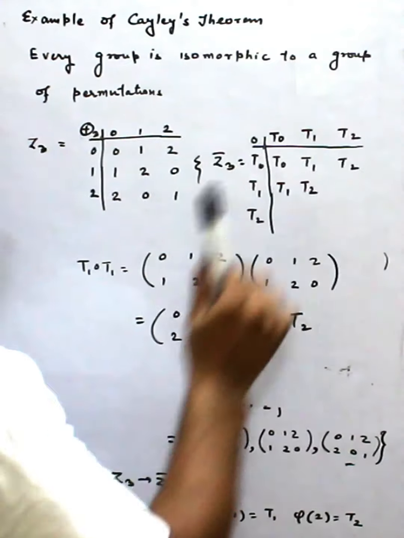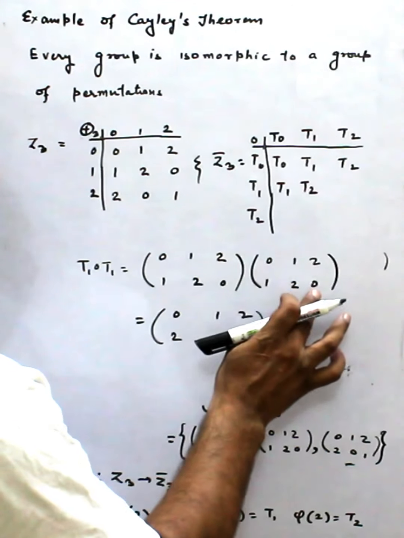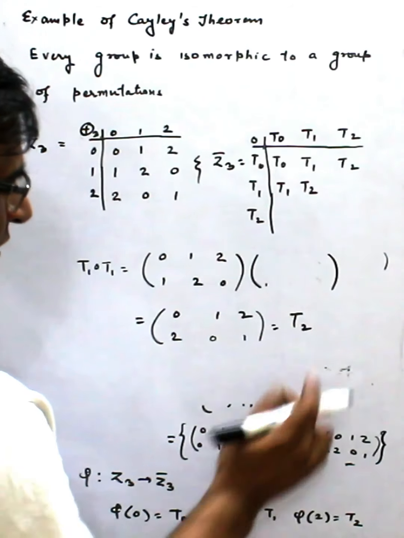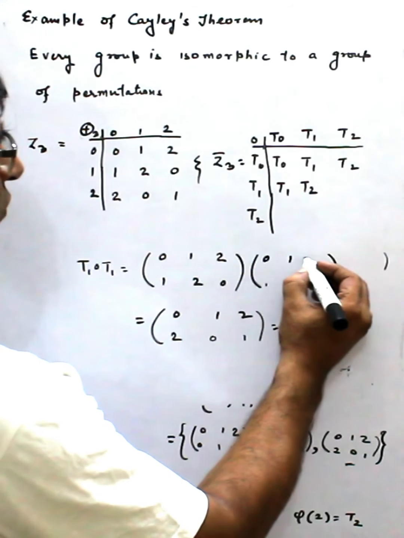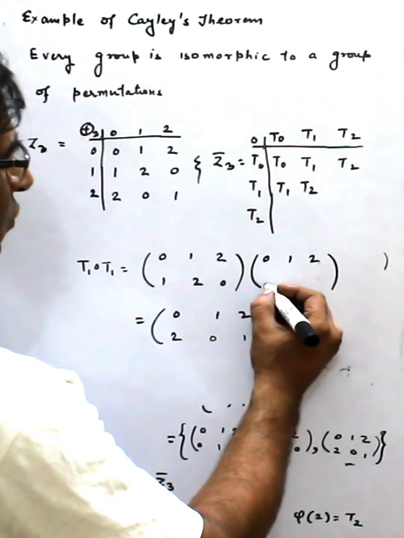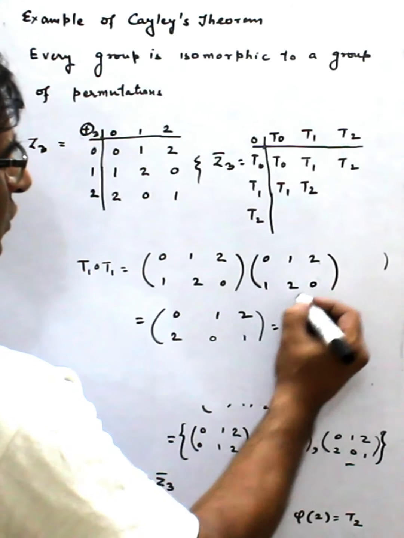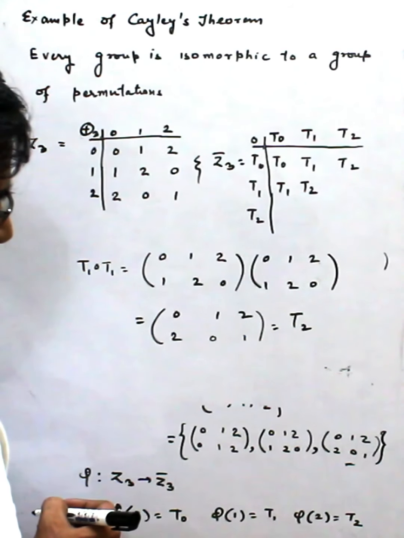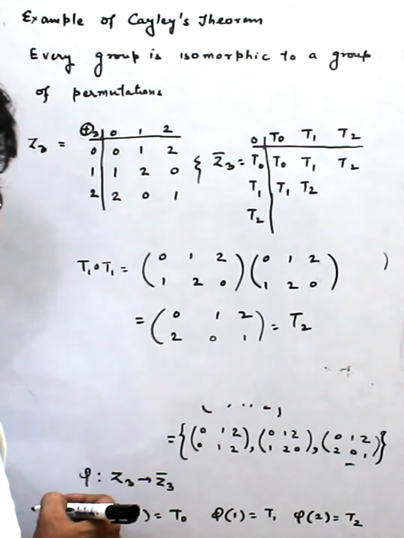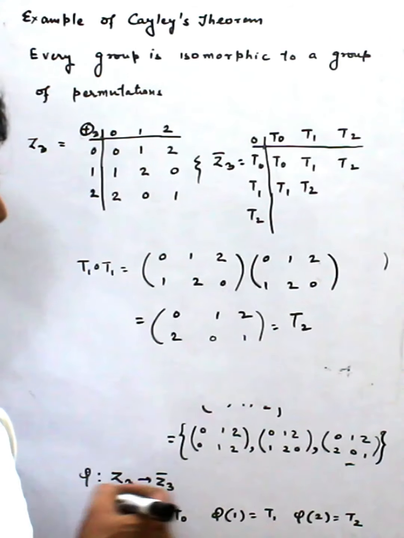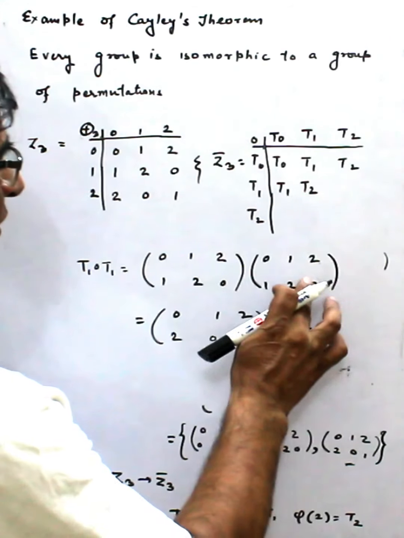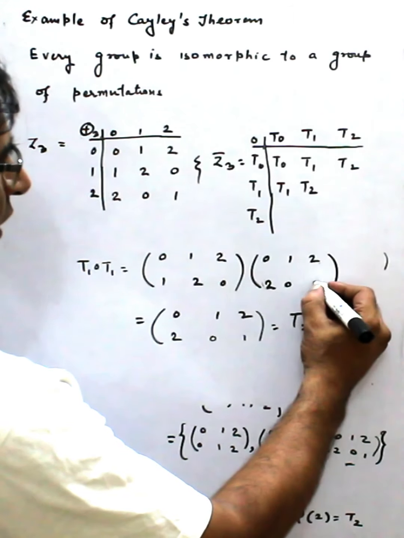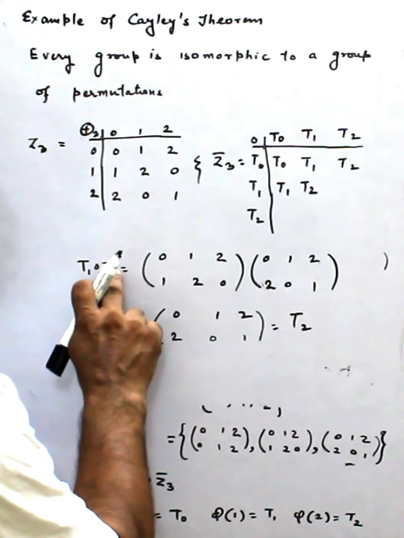Now T1 with T2, that means I replace this element. T2 is 0, 1, 2 to 2, 0, 1. This is T2.